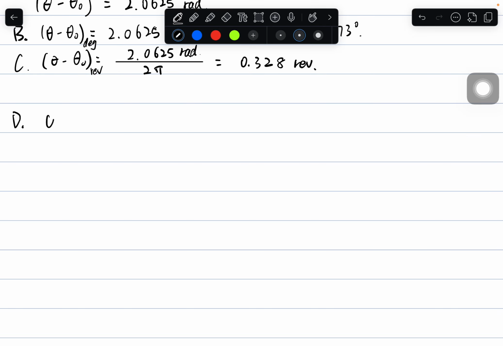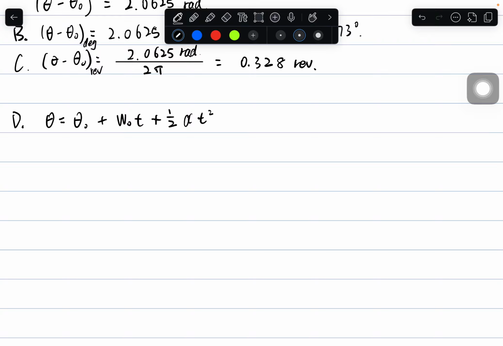We just use the formula θ = θ0 + ω0t + 1/2 αt².